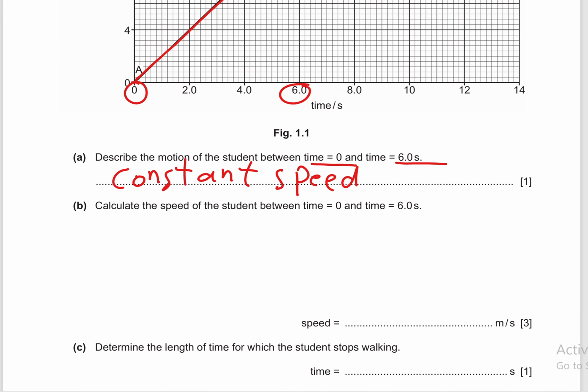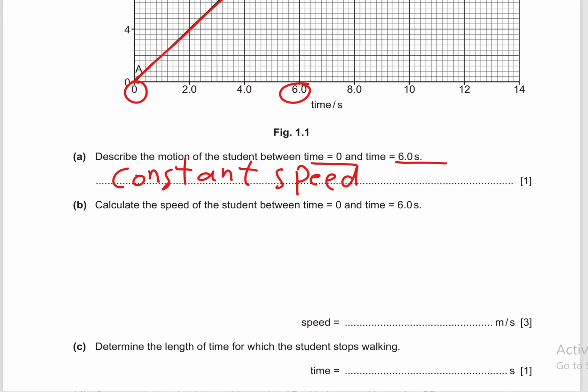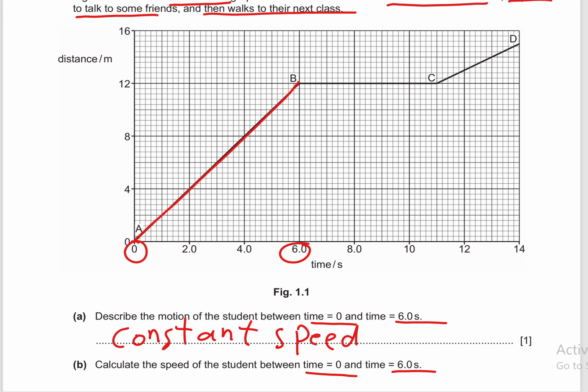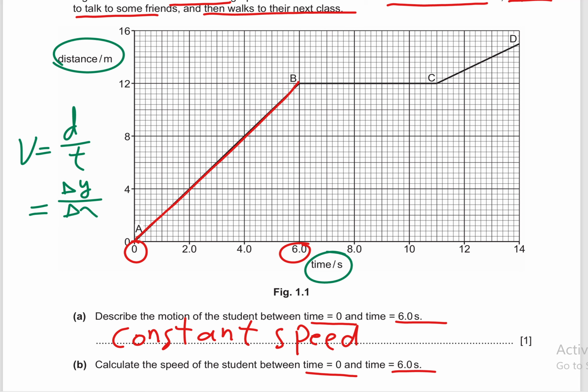They say calculate the speed of the student between time 0 and time 6 seconds, which is the same part, the red part. Notice they're asking about the speed, and we all know that speed equals distance over time. So this is the distance on the y-axis and the time on the x-axis, which means this is the change of y over the change of x.